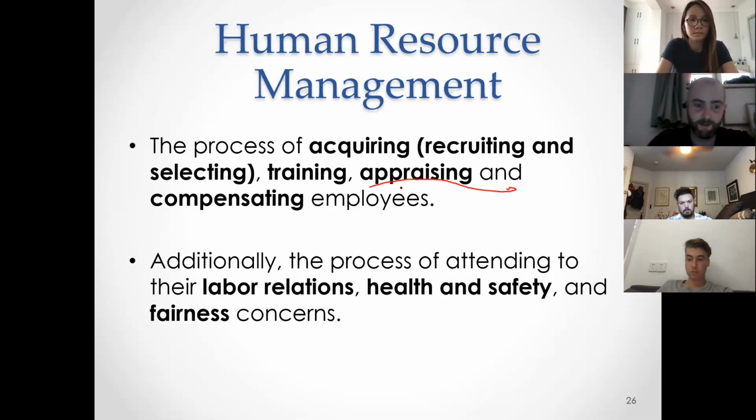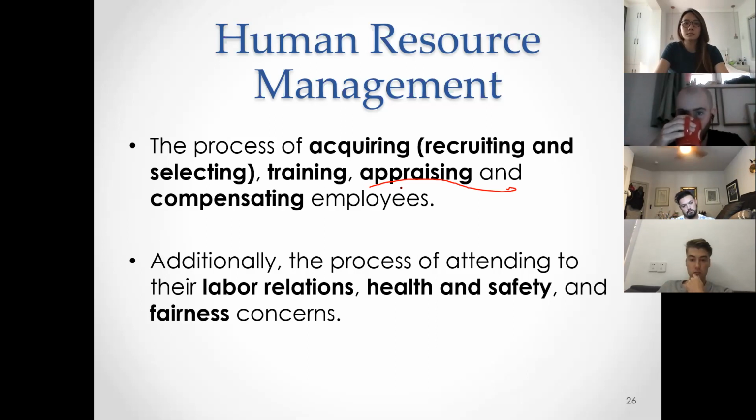Christopher, what is compensating? To pay them. Yep. We have a whole method in HR to figure out how we pay someone. It's very interesting. It's actually quantitative. So we will talk about that later.